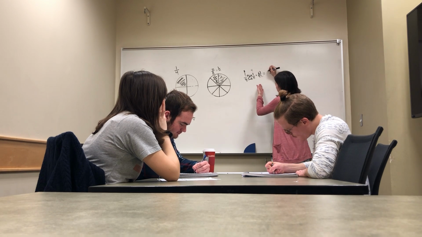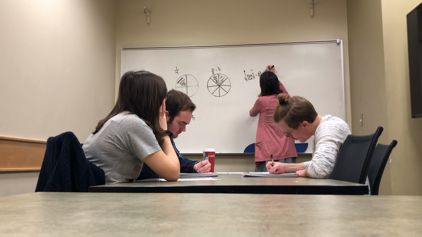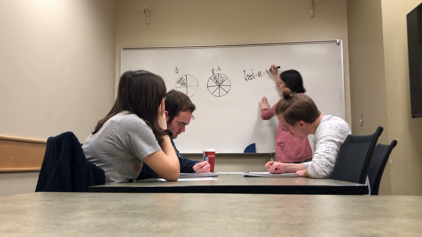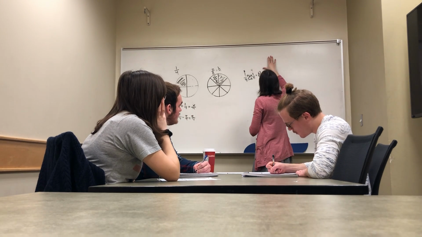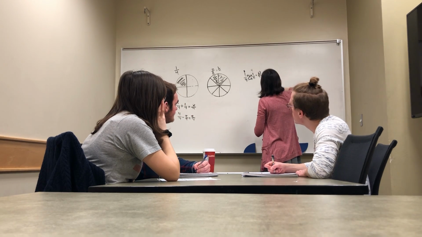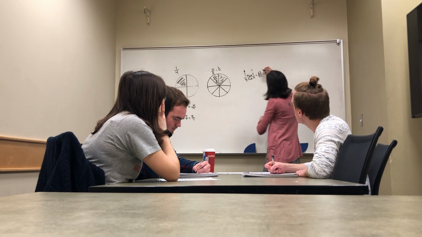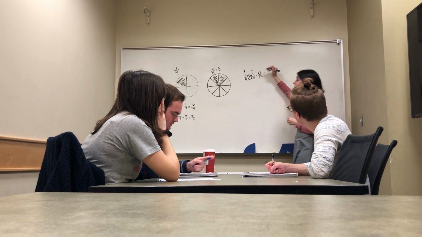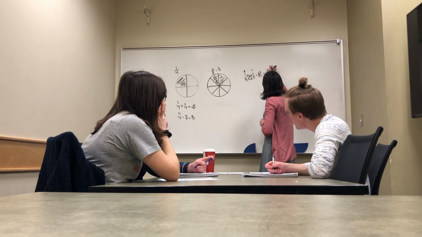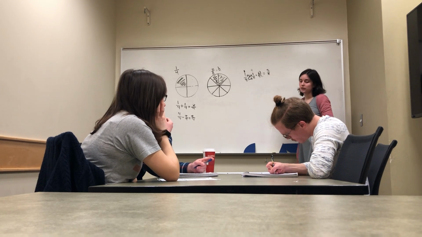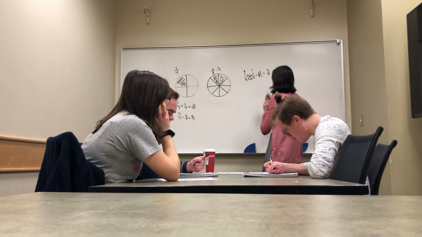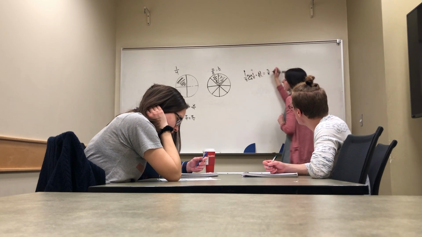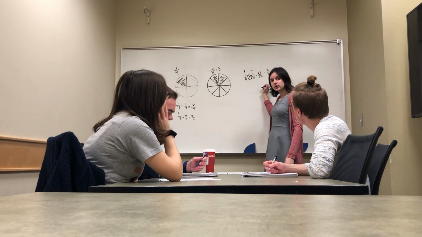Because if we simplified it by 2, that'd be fine, but you'd have 6 over 16, and you can simplify that even further, right? Or you can divide them both by 4 and get 3 over 8, right?